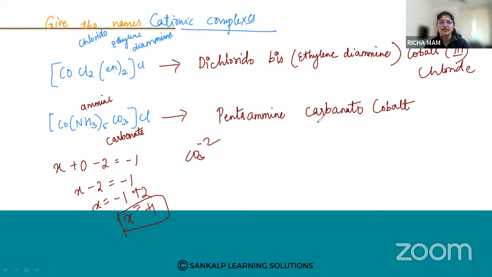The name here is pentaammine carbonato cobalt 3, and chloride. Cobalt 3 chloride.